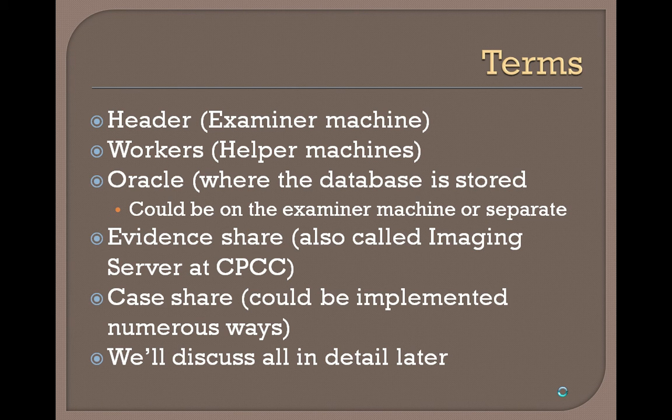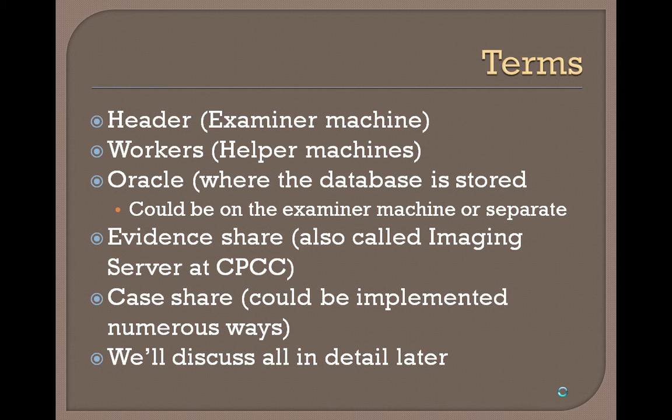In terms of terms here, the machines, and we're going to implement several machines here, about 6 machines when we get going. We're going to have a machine called the header or the controller. We use the term header at CPCC, also called the examiner machine, and it's kind of like the boss machine.